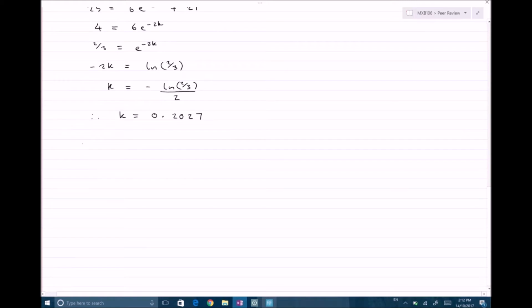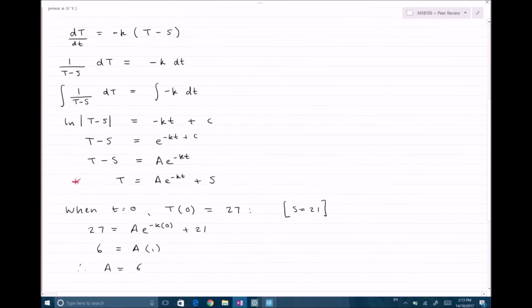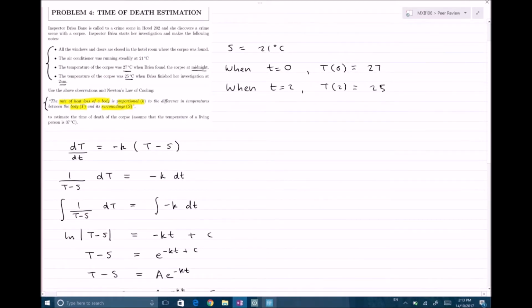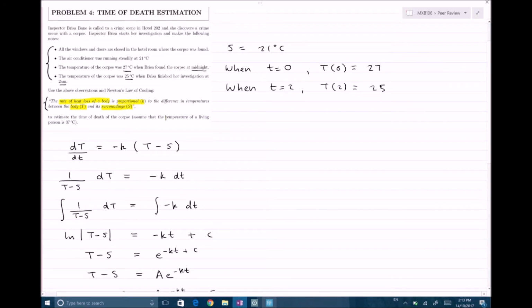Now we've found all the constants, so our differential equation is going to be this: the temperature at some time is going to be 6 times e to the power of negative 0.2027 t plus 21.